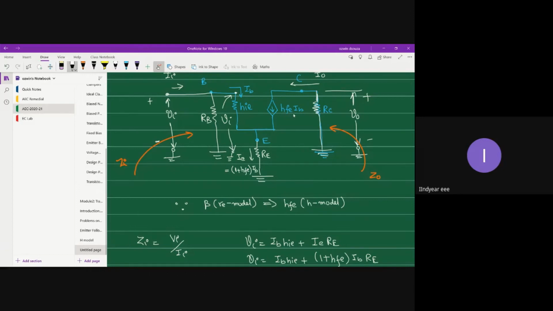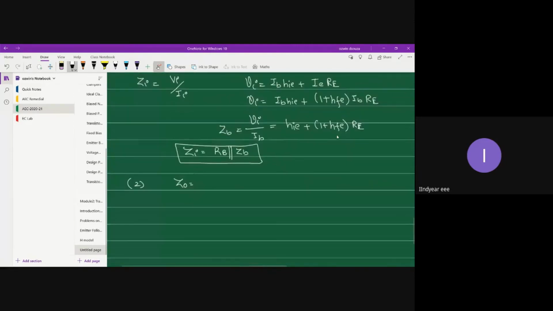When you open circuit this current source, current through RE becomes 0, because when IC is 0, approximately you can say IE is also 0. Due to which your Z0 comes out as RC. So Z0 you put as RC. For detailed steps you can roll back to the RE model.